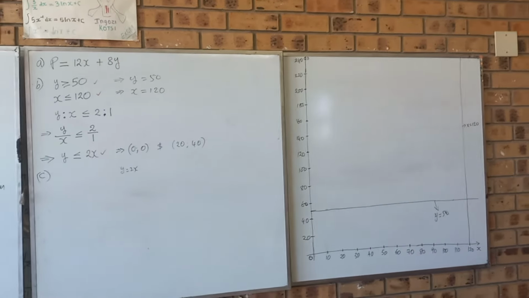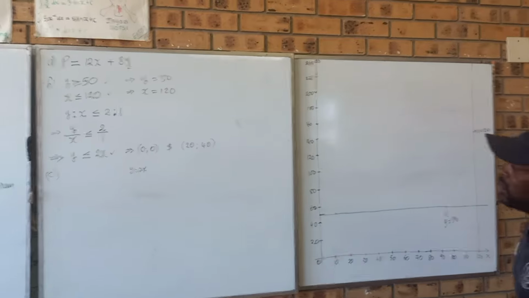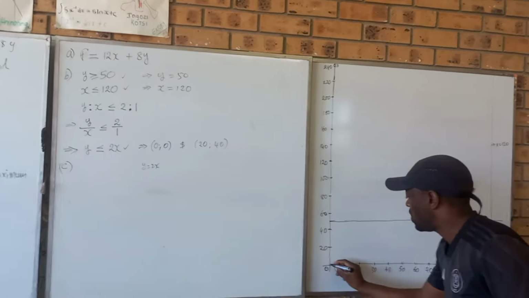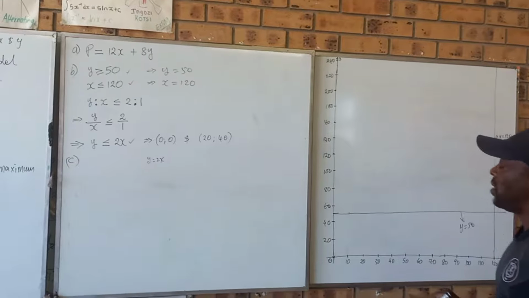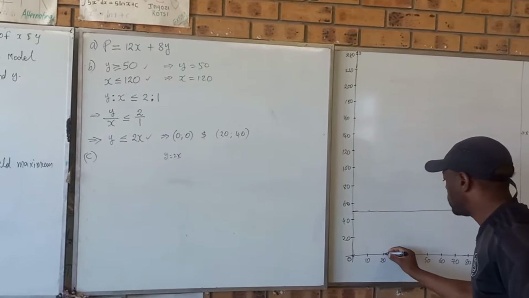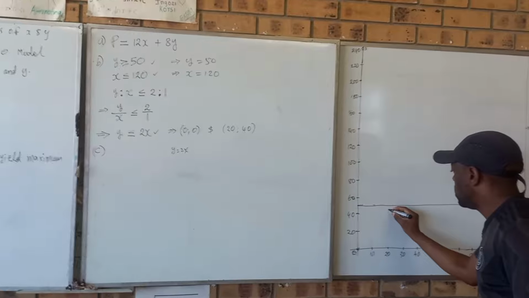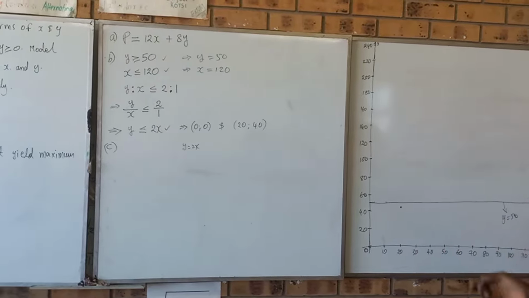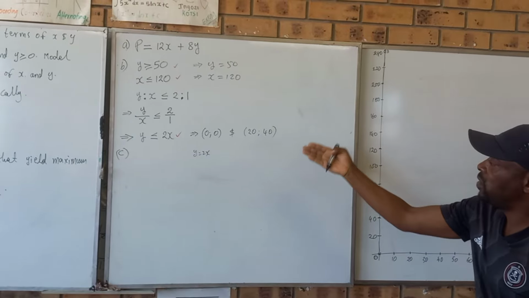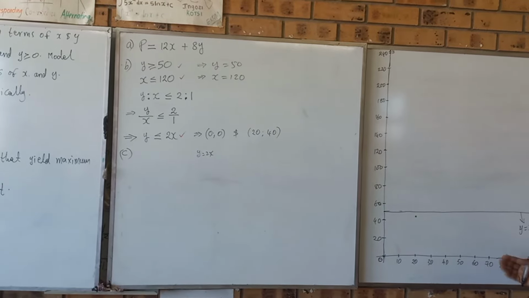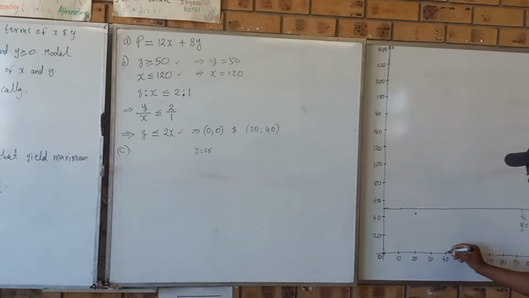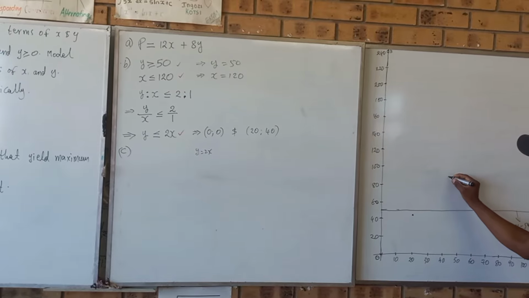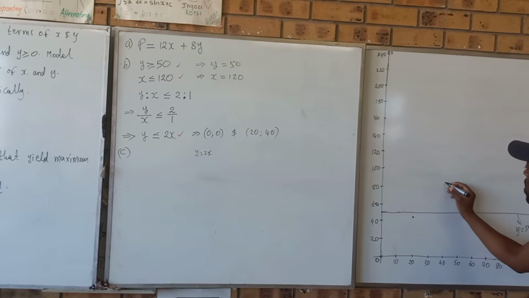Then the last line is the one that we have to draw using the 2 points. The origin is 0, 0. Then I can pick the point 20, 40. So it will pass there. I can do as many points as I want. If I pick any point for x and multiply by 2, I will see y. If I pick the point 40, for example, 40 times 2 will be 80. It means it will also pass somewhere there.